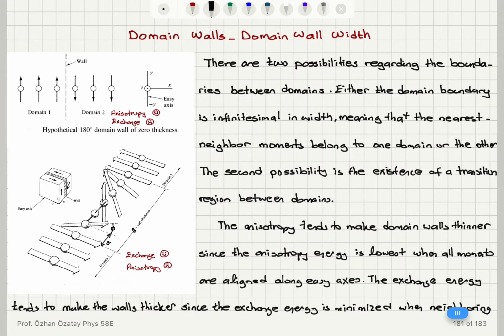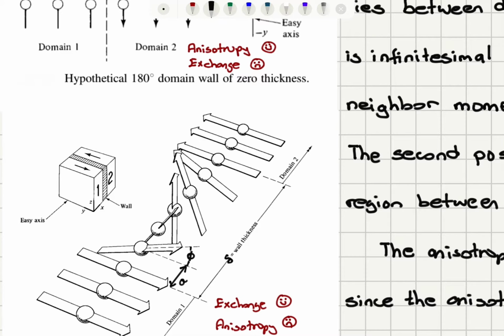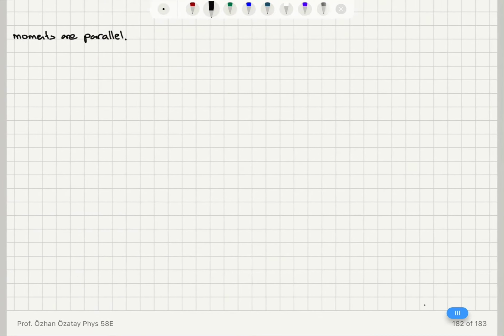This is a hypothetical 180 degrees domain wall, and you can see here my easy axis is the y-axis. So you can see that the two domains have their magnetic moments pointing along the y-axis.